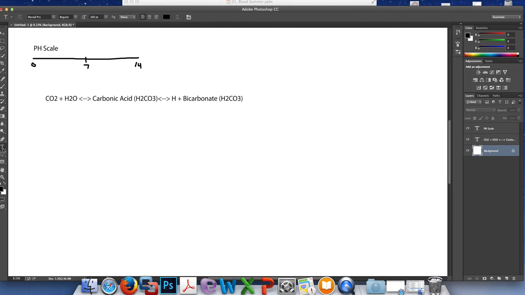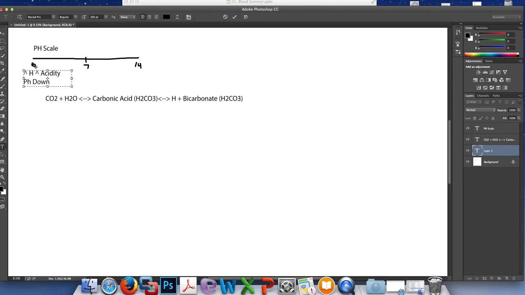So let me explain that again. The amount of hydrogen in a solution affects the acidity. So, if the amount of hydrogen goes up, then that means that the acidity also goes up. And we say that our pH then goes down.